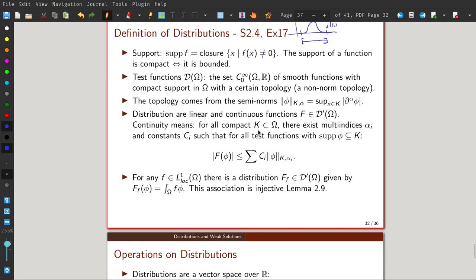It means for all compact sets K that lie in the domain, and different derivatives you could take, represented by multi-indices alpha, and you need some constants, then for all test functions whose support is in this compact set K, you have a bound like this.